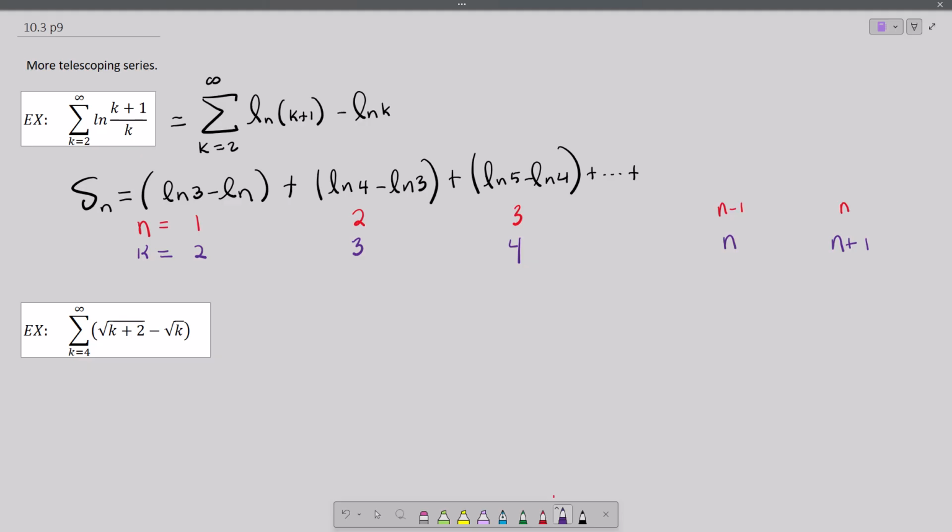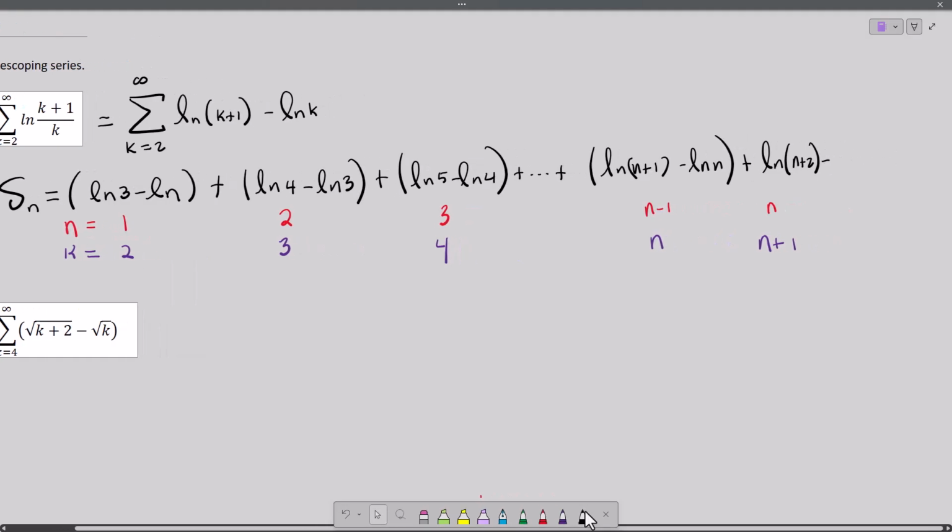Plugging in k equals n gives us natural log of n plus 1 minus natural log of n. And now we plug in n plus 1, and we get natural log of n plus 2 minus natural log of n plus 1.